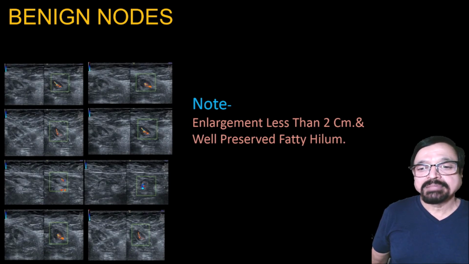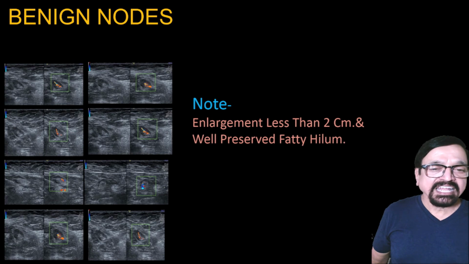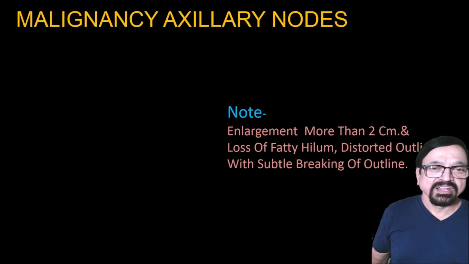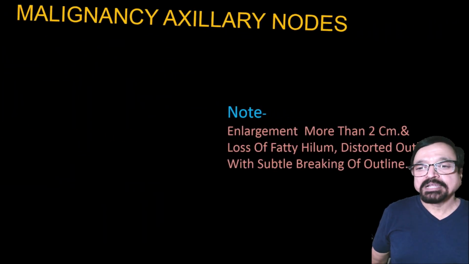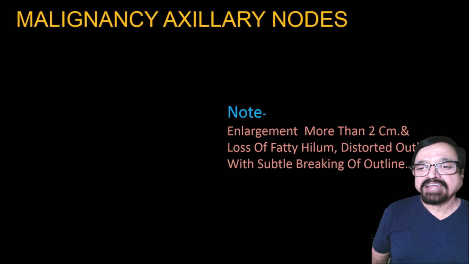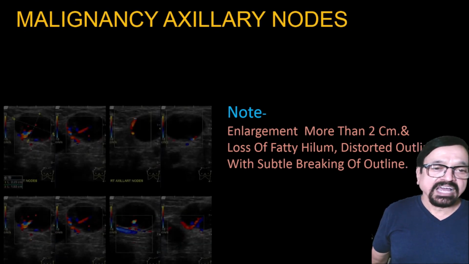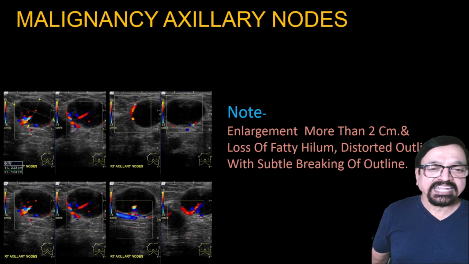Enlargement less than 2 cm, well preserved fatty hilum, cortical outline, everything is a perfectly normal lymph node. Now malignant node: enlargement more than 2 cm, loss of fatty hilum, distorted outline with subtle breaking of the outline. See, all things are well shown here.